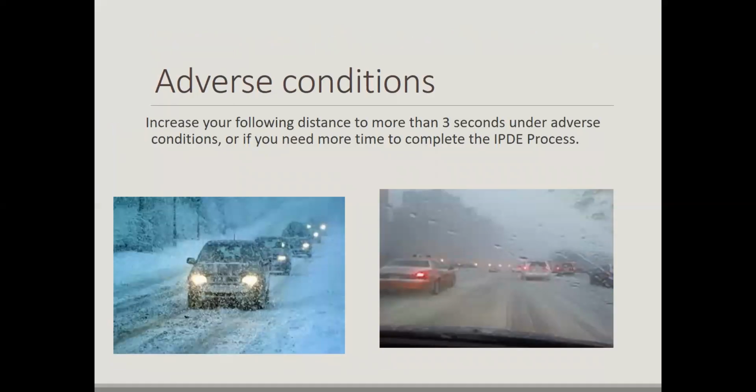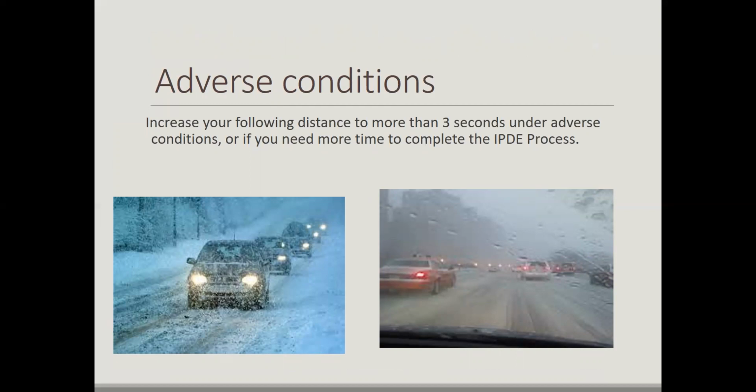In adverse conditions, increase your following distance to more than 3 seconds, such as in bad weather, or when you need more time to complete the IPDE process. In both of these situations, the one on the left looks like it's snowing pretty good. There will be less traction, and it's almost coming down a hill as well. On the right, it looks like either a little bit of ice or at least some heavy rain.